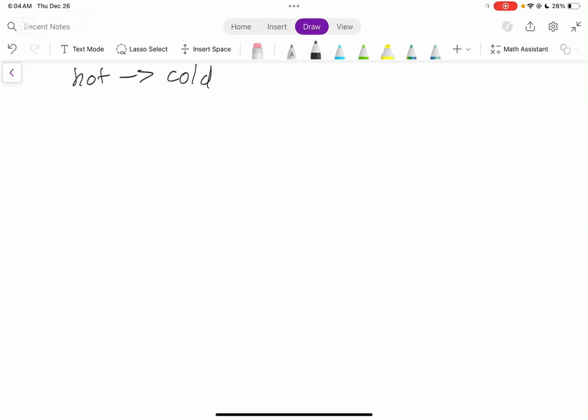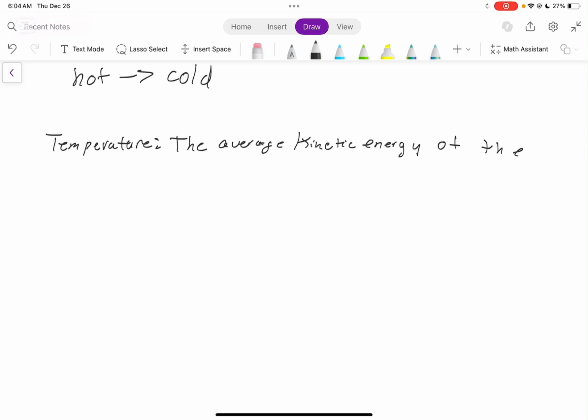But the temperature, in a more theoretical sense, is just the average kinetic energy of the particles that are in a certain substance, in a certain piece of matter, right?